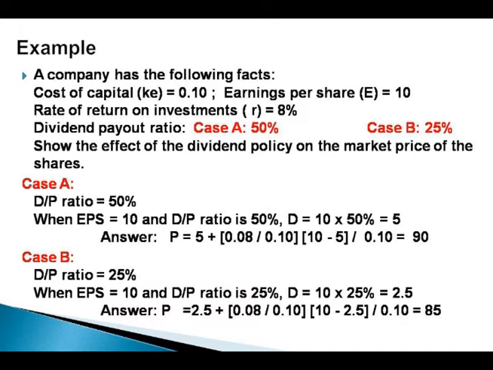So we can conclude that when the DP ratio is 50%, the market price of case A is quite high compared to case B. Here 90 is greater than 85. So it shows that there is an impact of distributing dividend in the market.